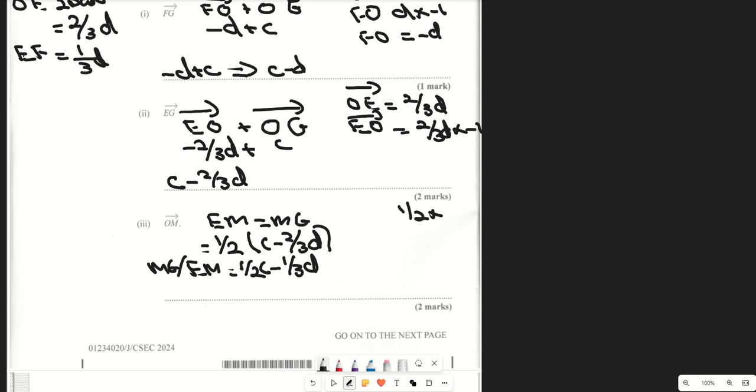A half multiplied by C is equal to a half C, and then a half multiplied by 2/3 D would be 2 into 2, 1, 2 into 2, 1. So you get 1/3 D. And then deal with the signs of plus and minus.